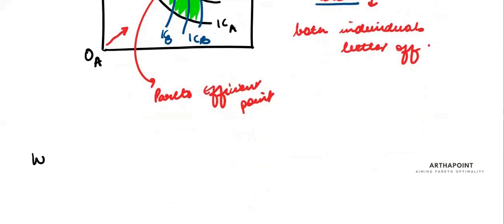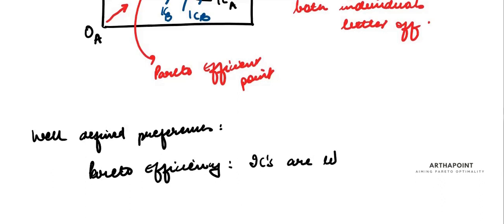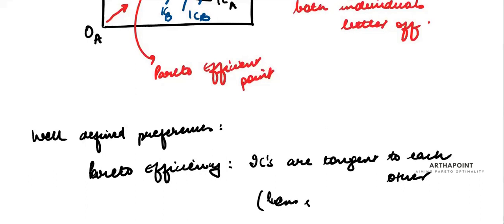So, for well-defined preferences, we found out that the Pareto efficiency is defined where ICs are tangent to each other. Because when they are tangent, my lens shape area is not there.